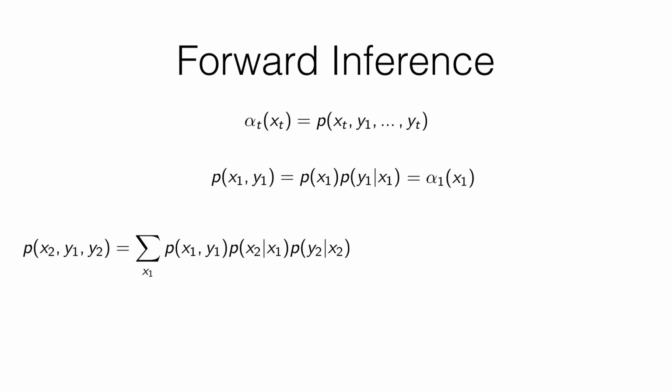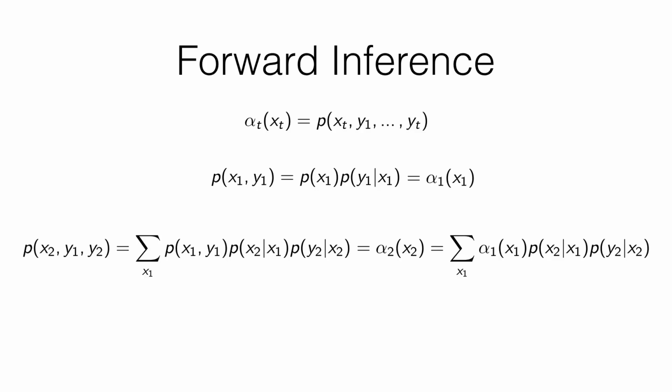That's p of x2 given x1, and then finally times the observation probability of y2 given x2. And that's the expression for alpha 2. In that expression we had p of x1, y1, this joint probability, which we had previously defined as alpha 1. So we can plug that in to write it in a recursive form.